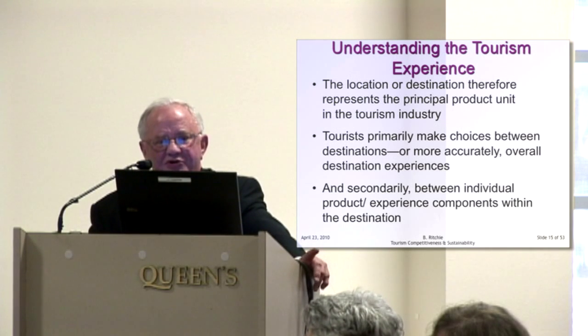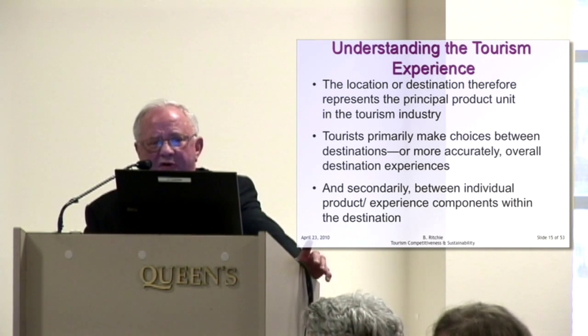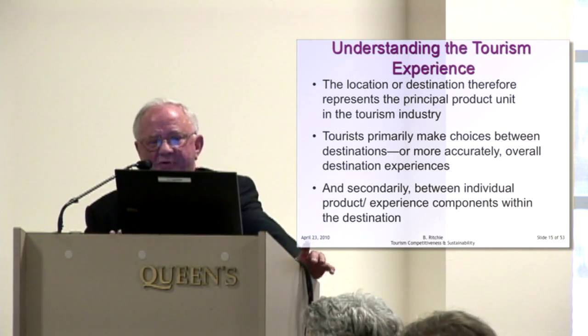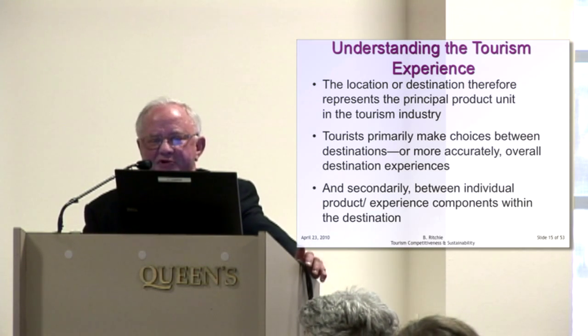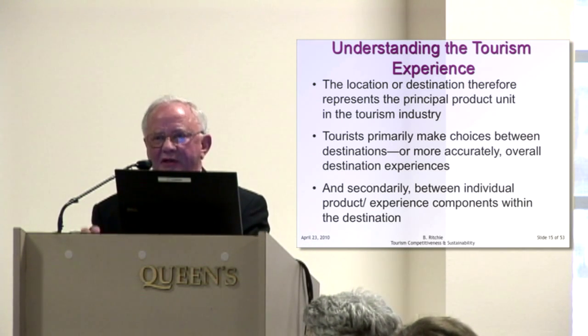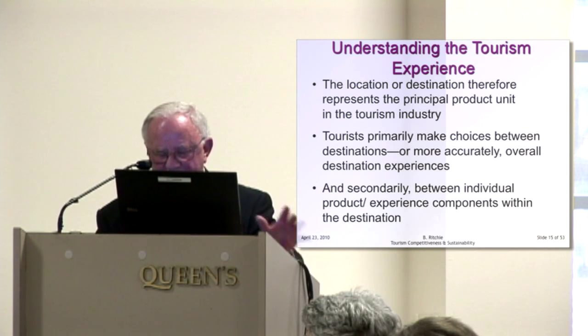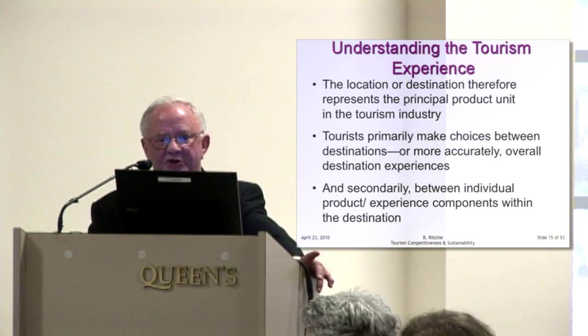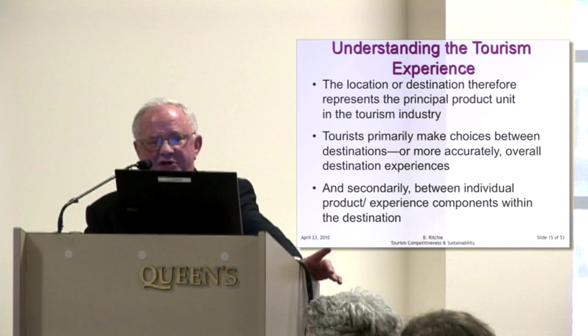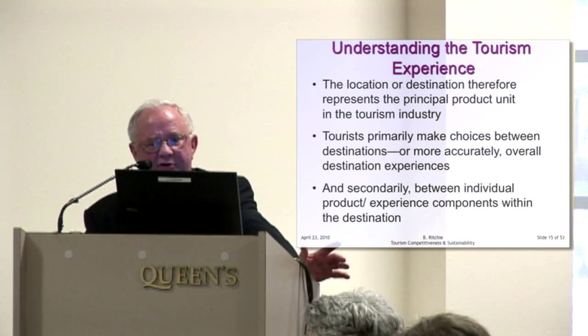So the first thing we must do is realize that the location of the destination represents the principal product unit in the tourism industry. That is our unit of study, the actual destination itself. Tourists make choices between destinations, or more accurately, between many destination experiences.